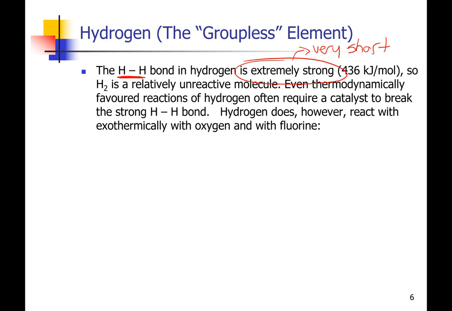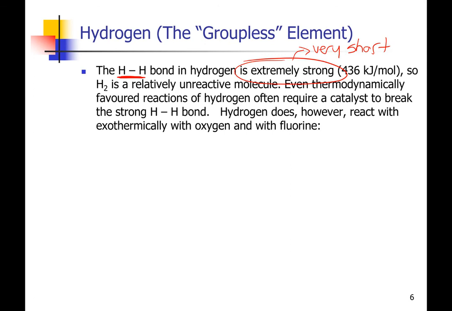Even though there are only 2 electrons holding those 2 hydrogen nuclei in close proximity, because the 2 hydrogen atoms are so small, the electrons in the bond are able to be simultaneously very close to both nuclei at the same time. That creates a situation that's extremely favorable and therefore requires a lot of energy input in order to break open.